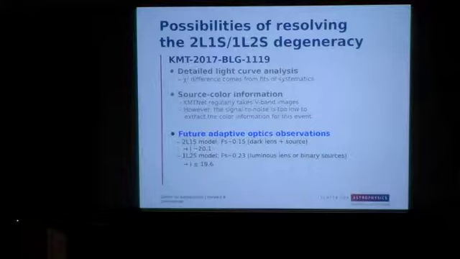This means if I have a chance to make follow-up observations using an adaptive optics system in the future, the source will be measured at about 20.1 if the system is really a free-floating planet. If the source magnitude is measured brighter than 19.6, it means this event was caused by a binary source.